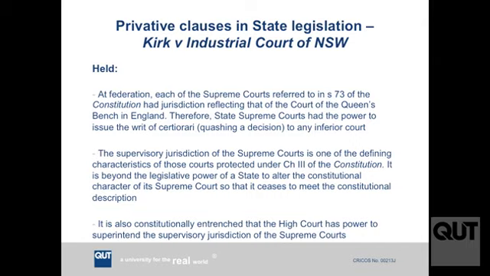It is also constitutionally entrenched that the High Court has power to superintend the supervisory jurisdiction of the Supreme Courts. The High Court will not countenance islands of power that are beyond its supervision or restraint. Basically, this means that at both the Commonwealth and state levels, a privative clause will not be effective if a decision is affected by jurisdictional error.